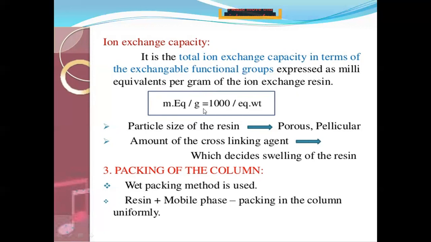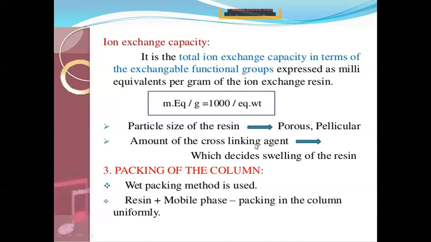If we convert this into molecular weight, it is 1000 by equivalent weight. The particle size of the resin should be porous or pellicular; generally we use porous. Why? Because in porous resin the particle size is 5 to 10 micrometers and its efficiency lies between 0.5 to 2, whereas in pellicular resin the efficiency lies between 0.1 to 1.